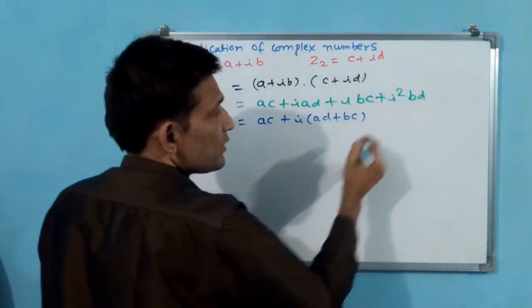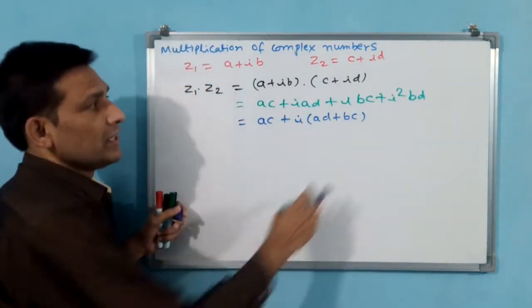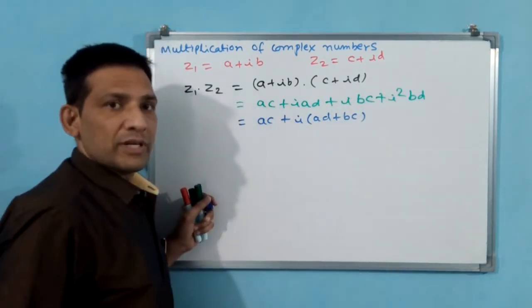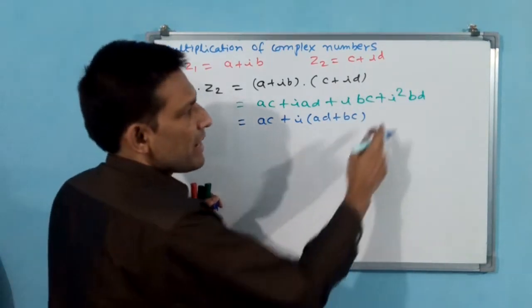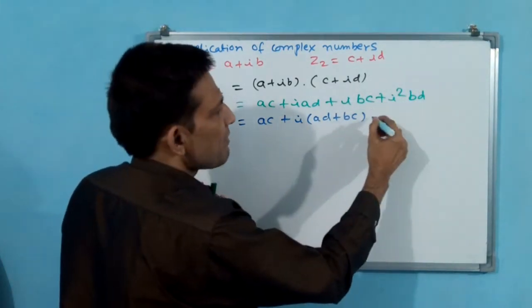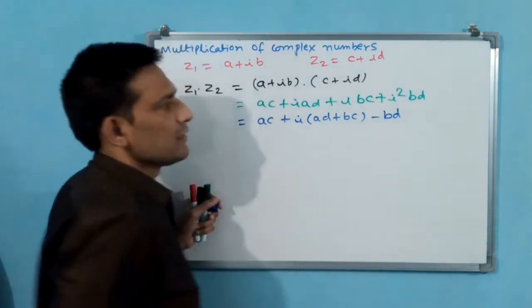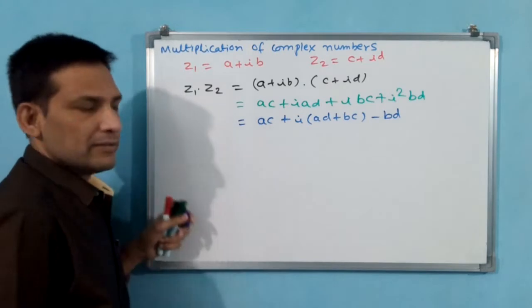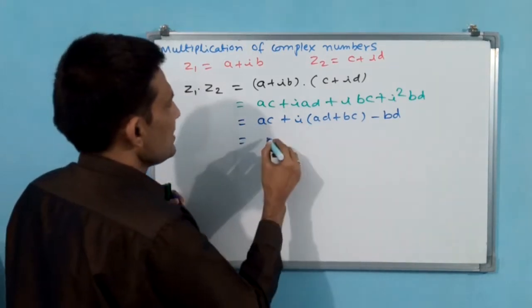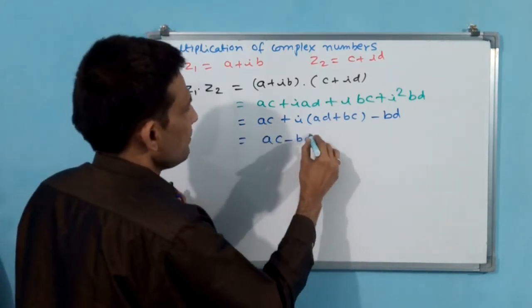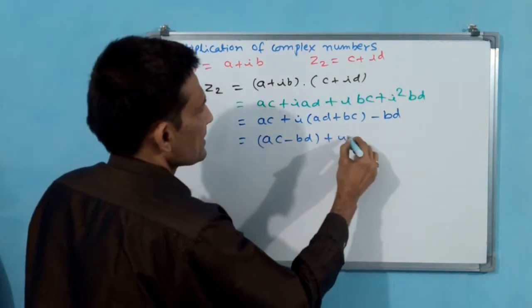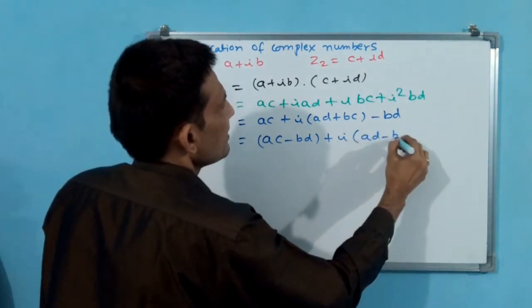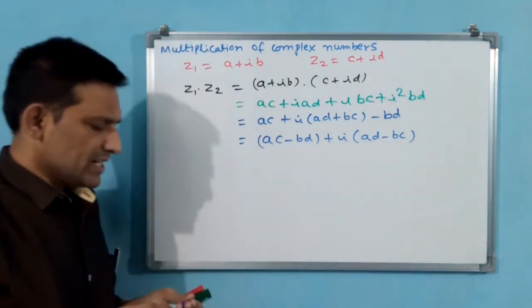Now you see here, i square value minus 1 is going to come, so minus bd. Plus i square bd means minus bd. Now you see: ac minus bd plus i (ad plus bc). You understand now how it has come?